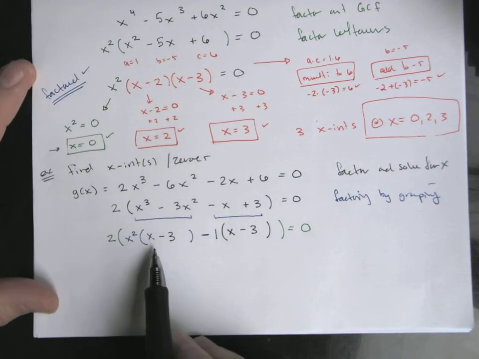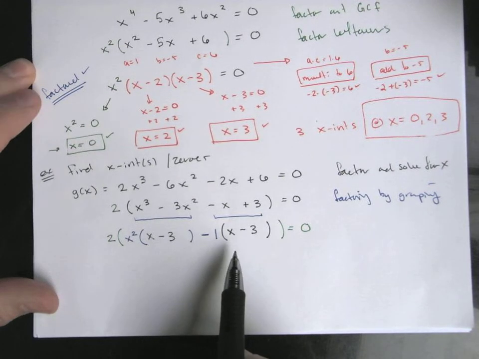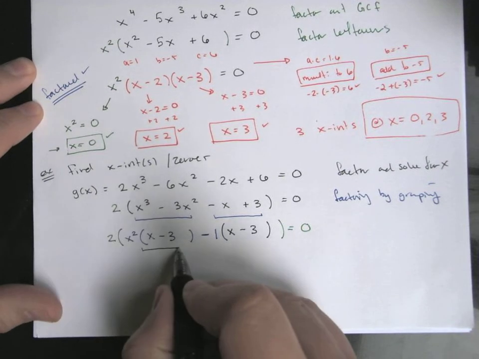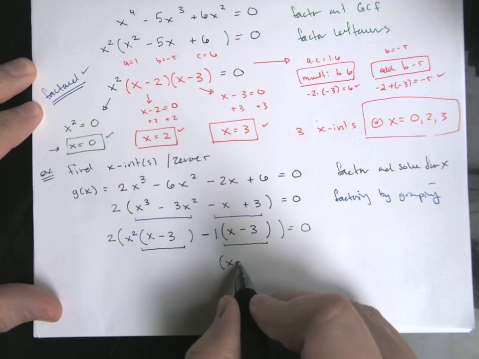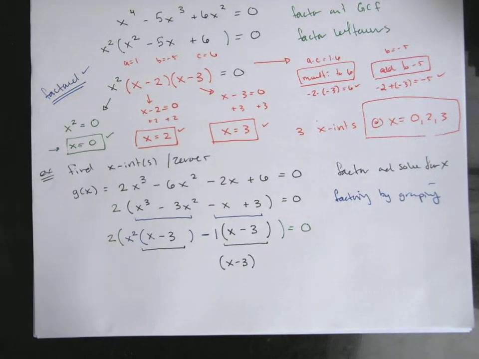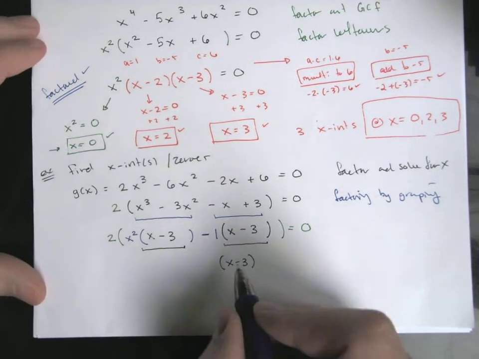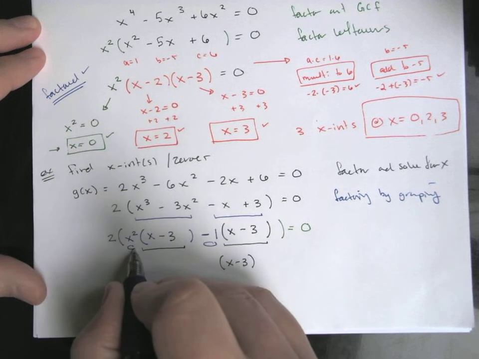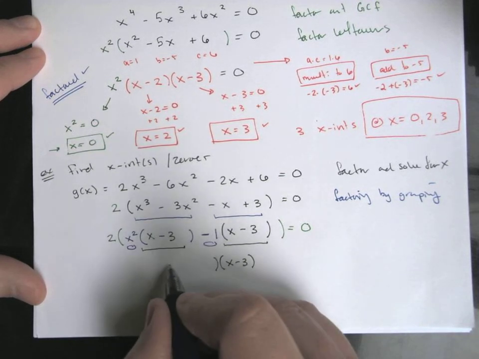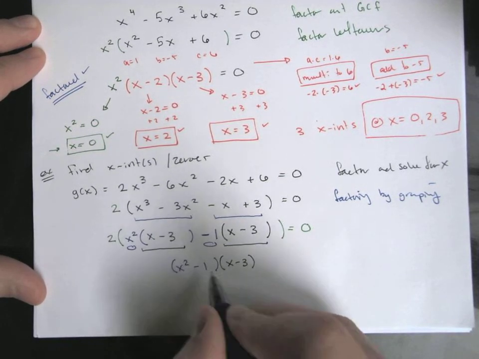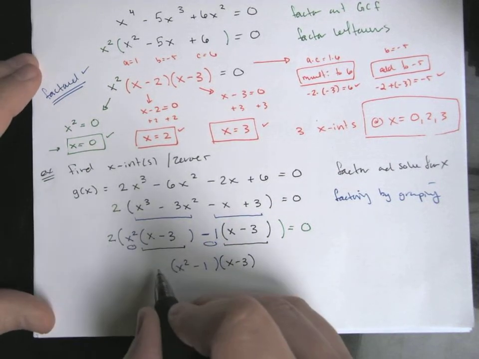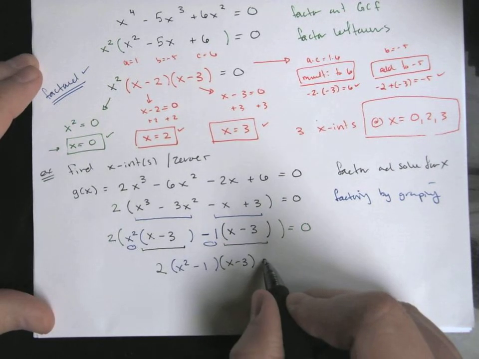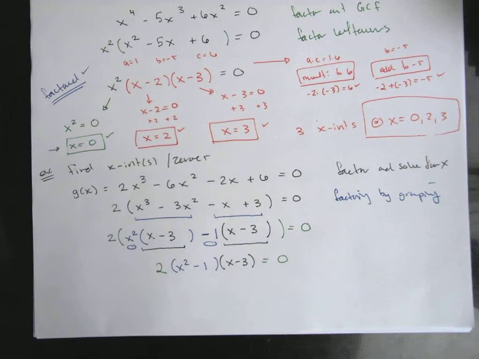Because then x minus 3 and x minus 3 are both in sync, right? So I can pull that out there. I'm going to be left with in front of that x squared minus 1. This 2 comes down, and then our whole thing is equal to 0.